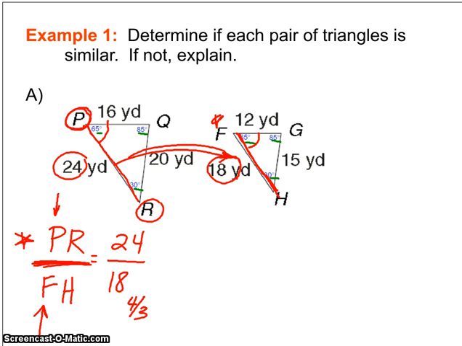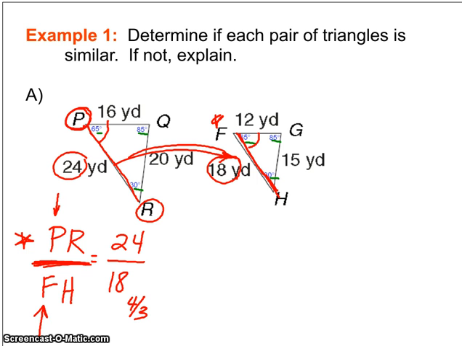Okay? Now, you have to check every single side of your shape. So we're not done. Grab a different color. I'm going to grab green. And now let's use the information for a different side. So we have a three-sided shape here. We're going to do three different ratios.